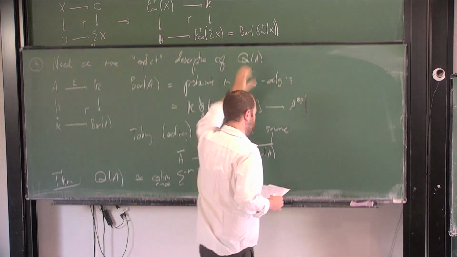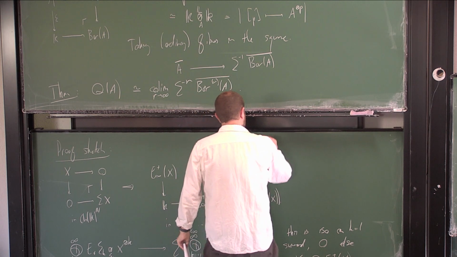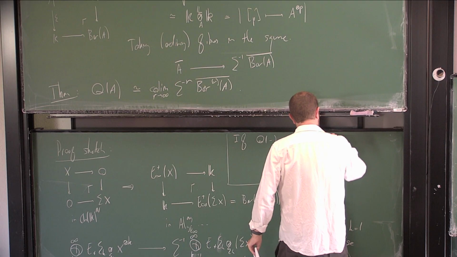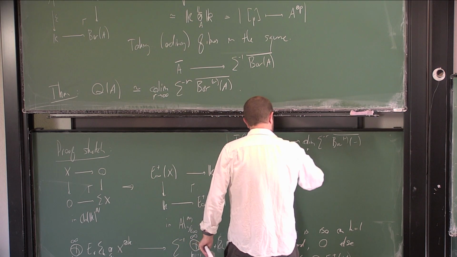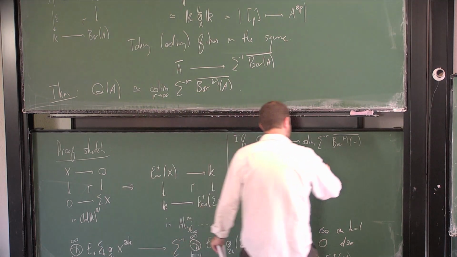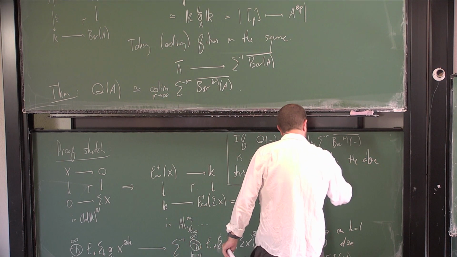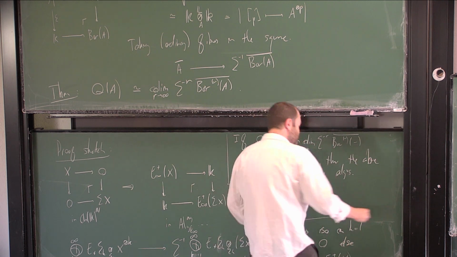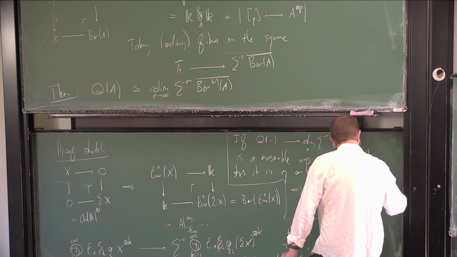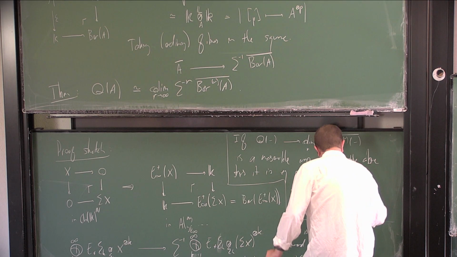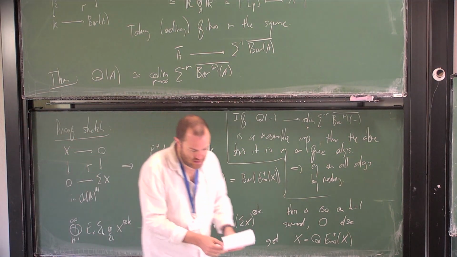So let me just say, if Q of whatever to this colimit over R is a reasonable map, a natural transformation of functors, then the above shows it is an equivalence on free algebras, but then it's an equivalence on all algebras just by resolving them by free algebras. Okay, that's what I want to say about that.